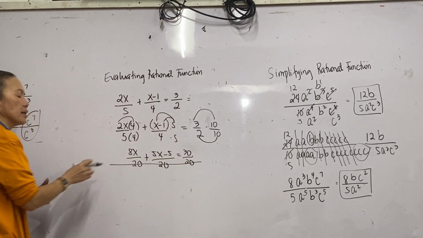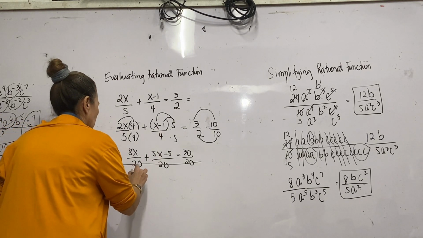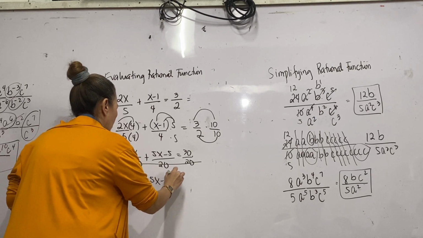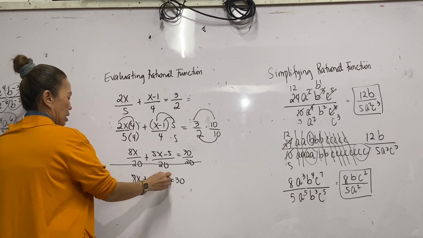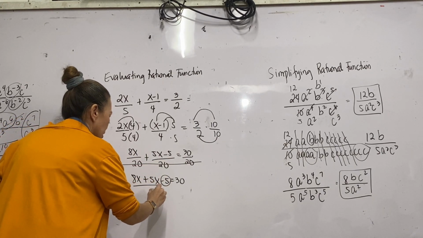Pag magkakamukha na, cancel out na natin. So, ano matitira? Yung numerator. Then, solve for x. Siyempre, tatanggalin natin ito. Lipat natin sa kabila. So, ito i-add.